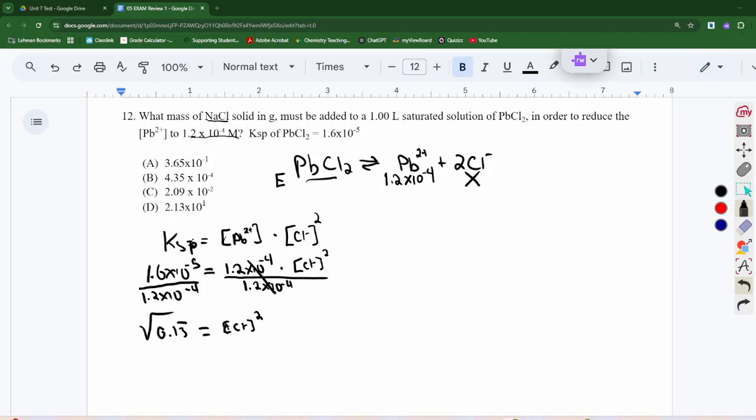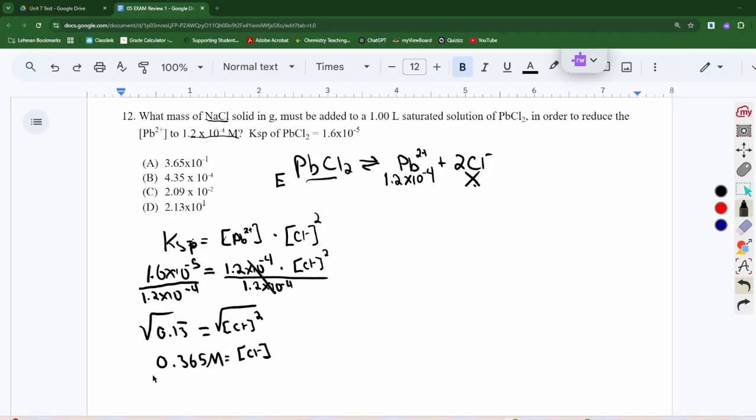So let's take the square root of both sides. And we're going to get 0.365 molarity is equal to the concentration of chloride ions when lead is equal to 1.2 times 10 to the negative 4. So this is the number that goes here.